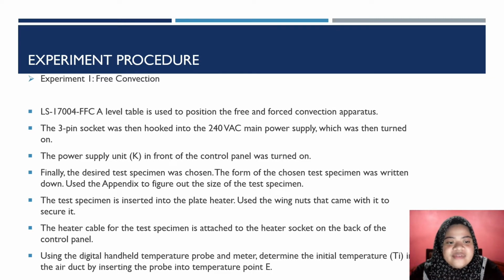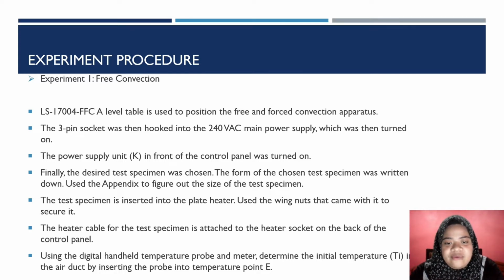LS17004 FFCA level table is used to position the free and forced convection apparatus. The 3-pin socket was then hooked into the main power supply, which is turned on. The power supply unit in front of the control panel was turned on. The desired test specimen was chosen.